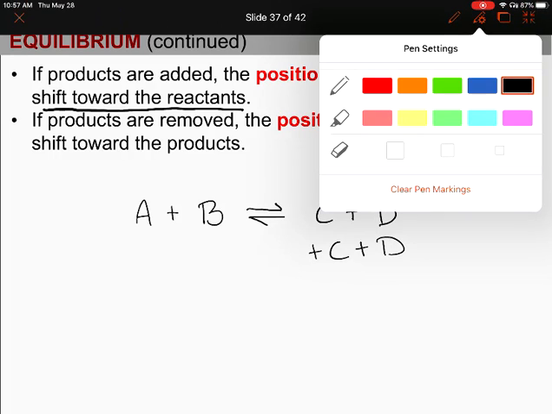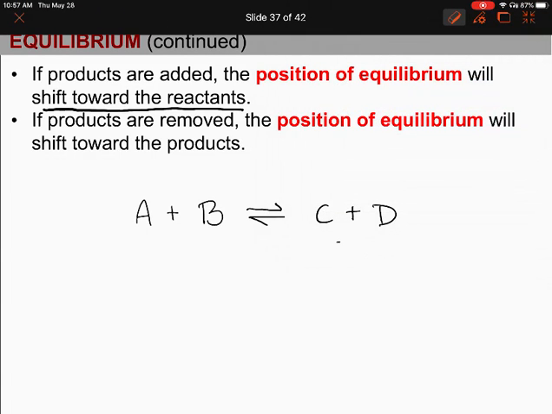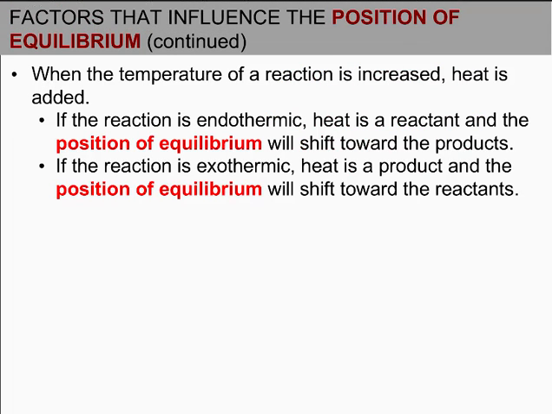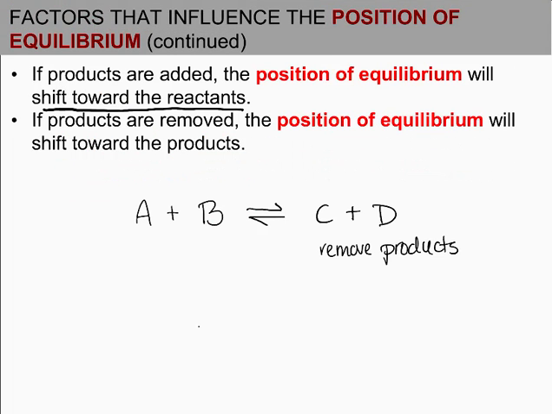But what if we remove some of the products? If we remove some of the products, again, we're disrupting our ratio of products to reactants.